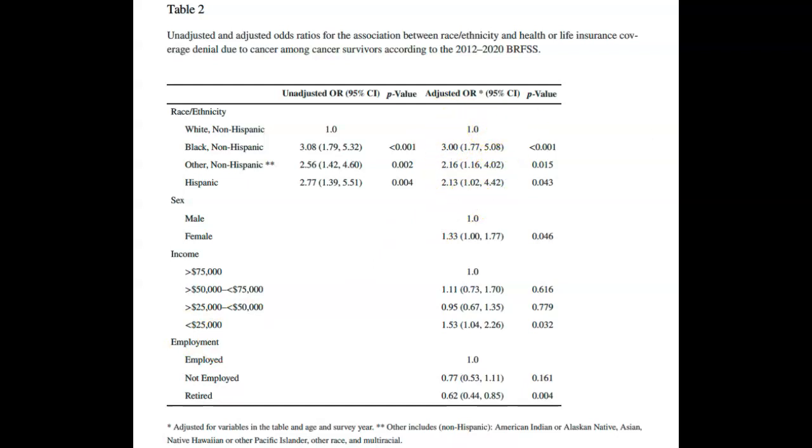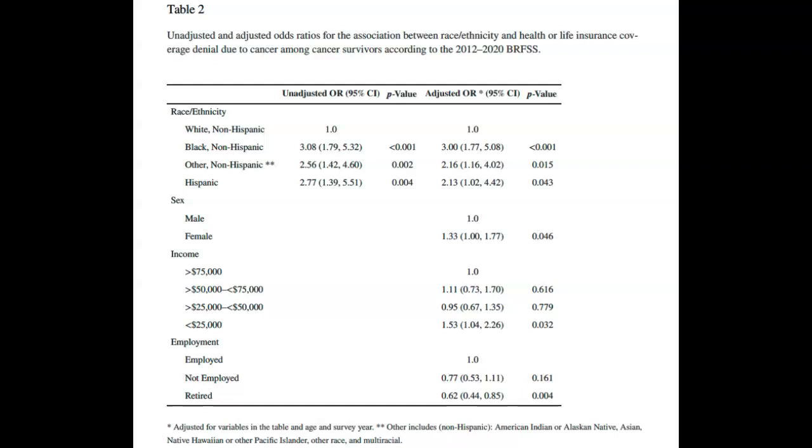So the odds ratios that are adjusted for those potential confounders for the relationship between race, ethnicity, and the denial of health or life insurance. So to detect confounding, remember, we are comparing our crude or unadjusted measure of association to our adjusted measure of association.